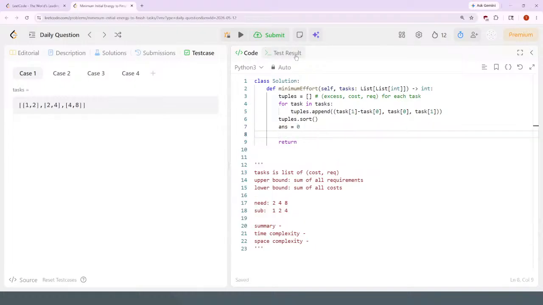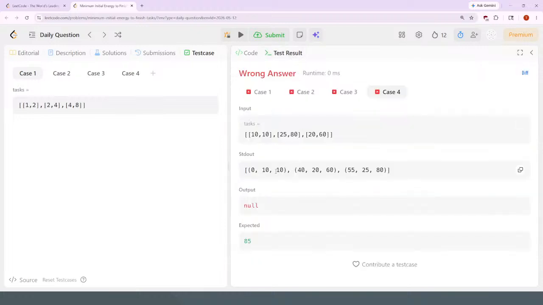But the basic idea would be you start off with the task with the least excess, and then you proceed to the next task, add the minimum energy spent on that, and then bump it up to the required if that is higher.